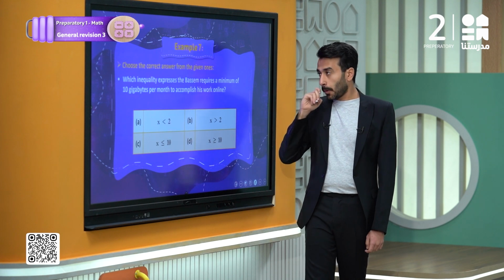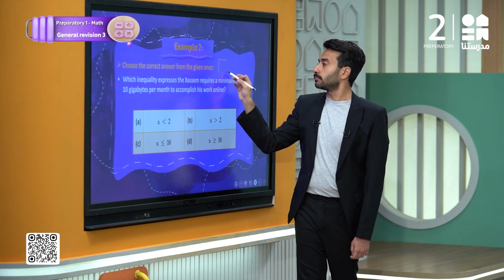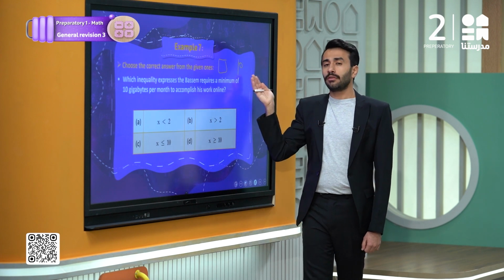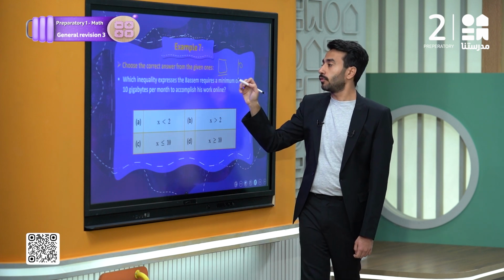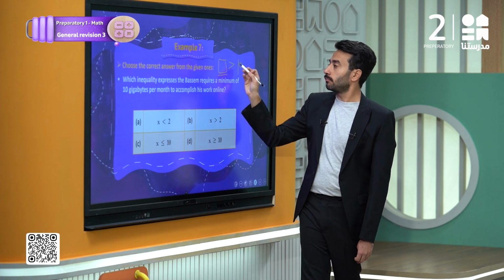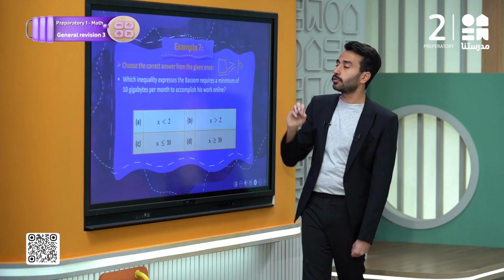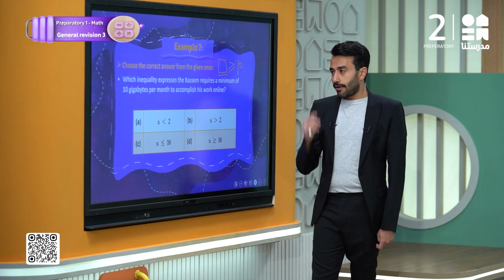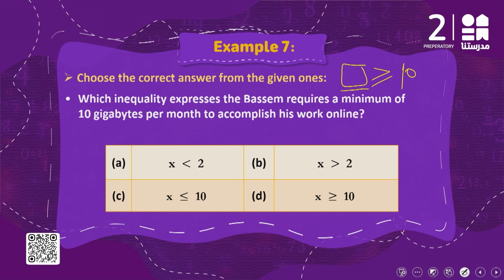So you have a value of the time, and here 10. We need 10 or more. Here you need a value more than or equal to 10. So you will use this sign because this value is more, and you have to put the equal sign because sometimes it will be equal to 10 itself. A value more than or equal to 10. Simply letter D is the right answer.